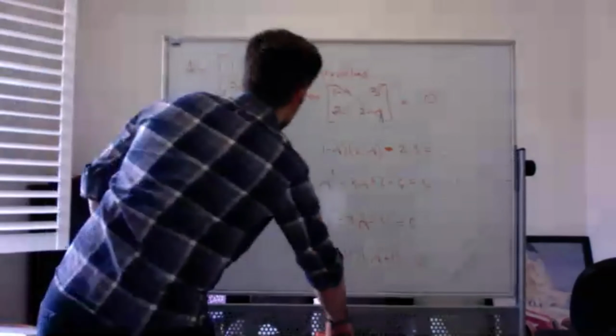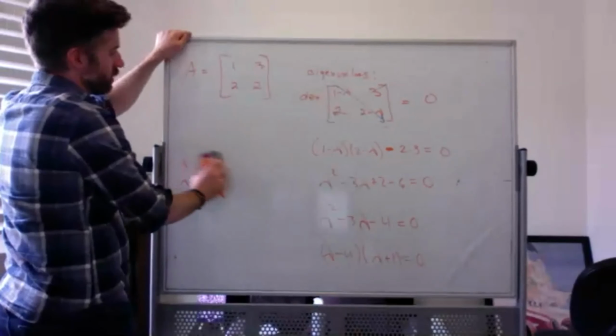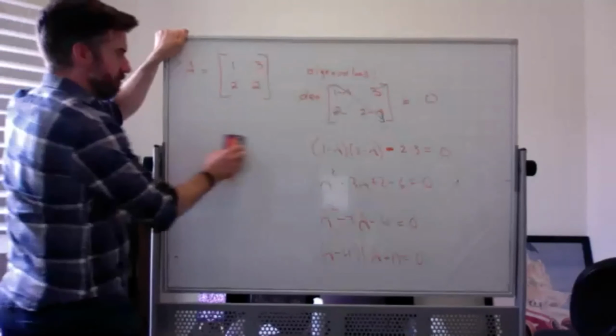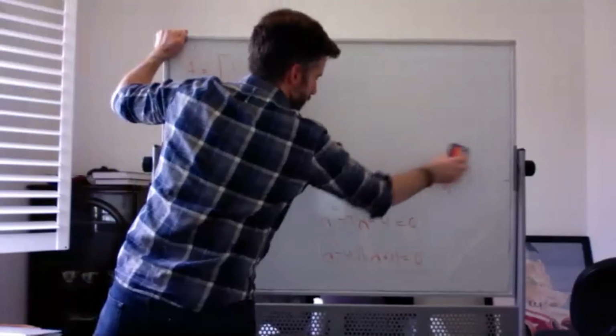There's a couple ways you can find eigenvectors. For 2 by 2 matrices, which is all we should have to deal with, there's usually a pretty straightforward way.